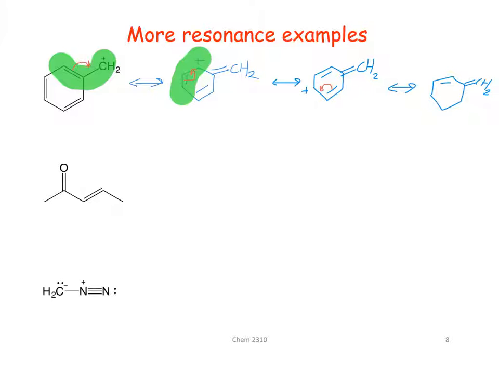And so then we have a double bond here, a double bond here, and a plus there. In fact, we can even do this one more time. We can take this double bond that sticks off of the ring, move those pi electrons down, and we get the plus back out on the CH2 group like this. All right, so is this the same as what we started out with?